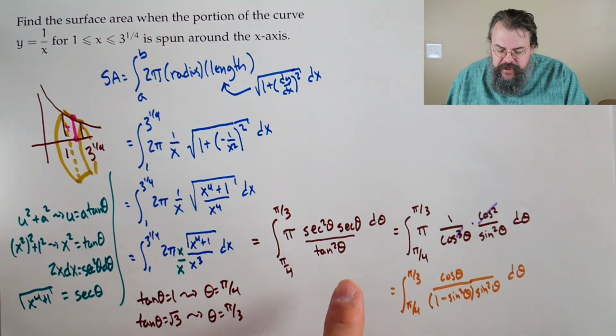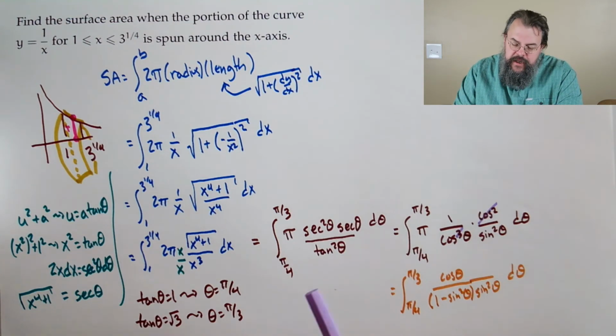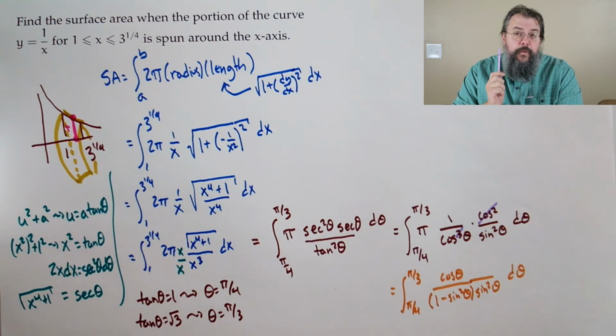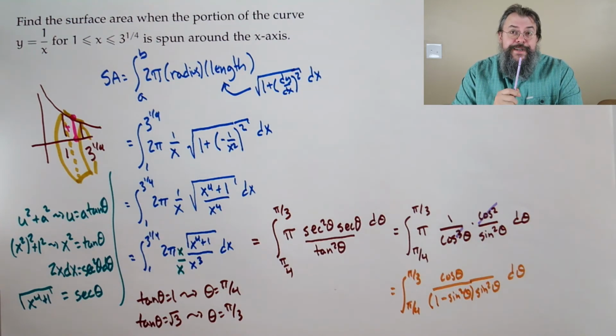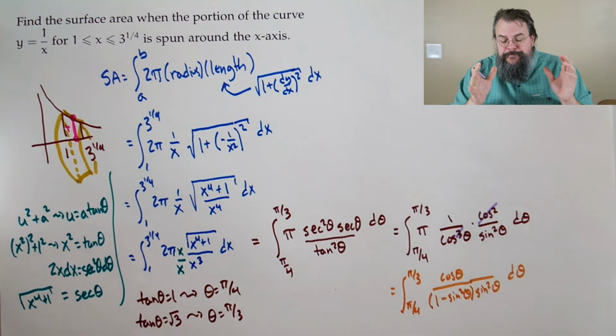So let's think about an alternative. If we didn't put things in terms of sines and cosines, what could we do? Well, there's another small idea that's worth a try. Secant squared is approximately tangent squared.